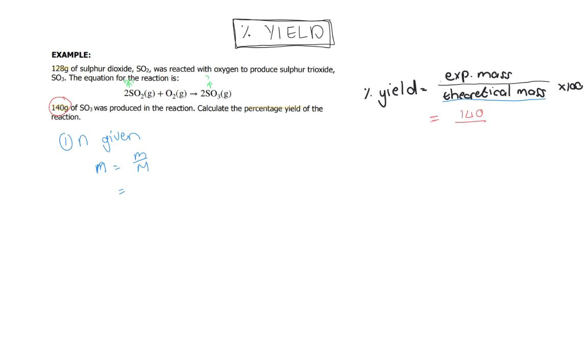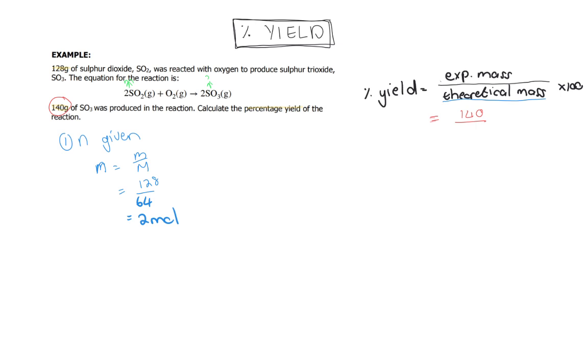And then for the molar mass of the sulfur dioxide, it's the sulfur, which is 32, and the 2 oxygens, so that gives me a molar mass of about 64. And then I have 2 moles.